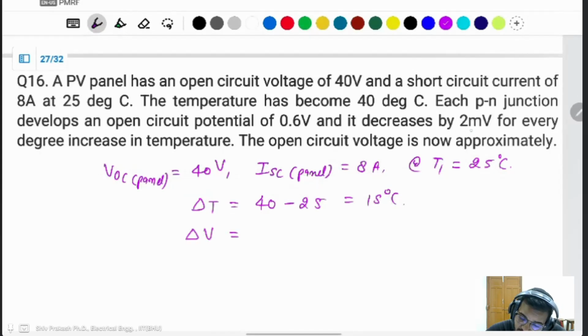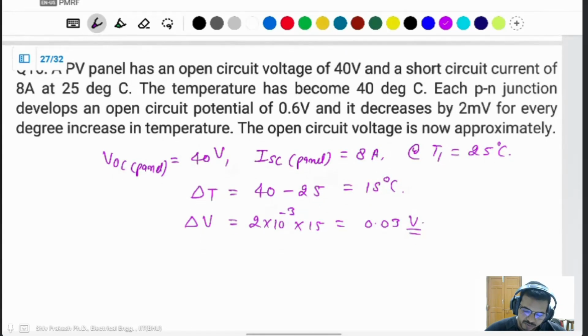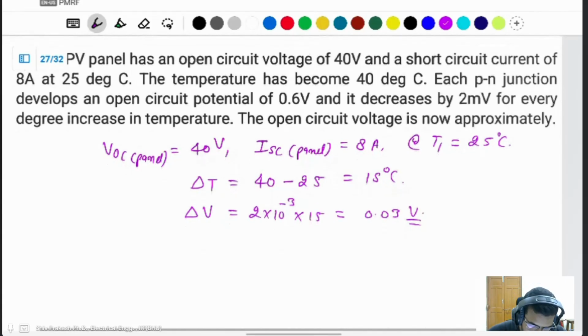The change is 2 millivolt, 2 into 10 to the power minus 3 volt, for every degree. That gives 0.03 volt. And what is the output voltage? Okay, let's complete this one.